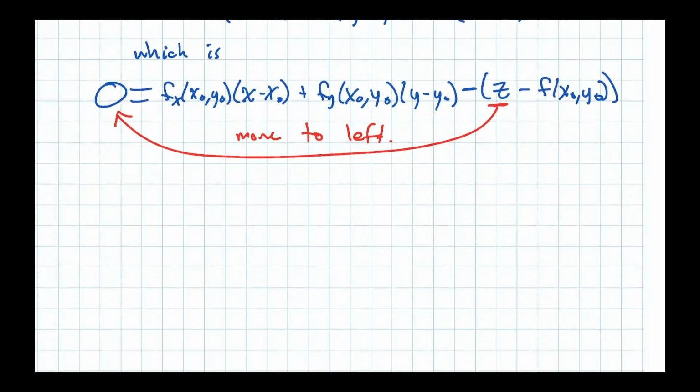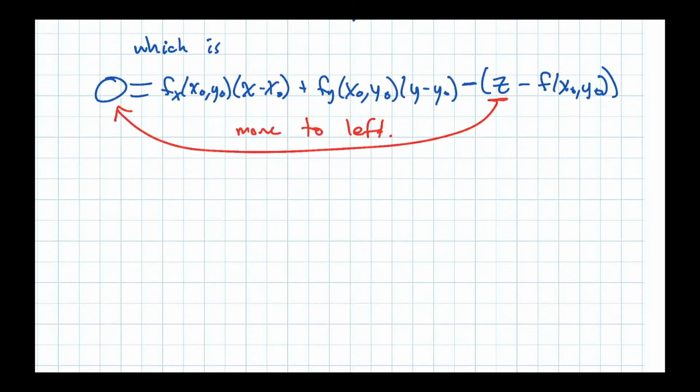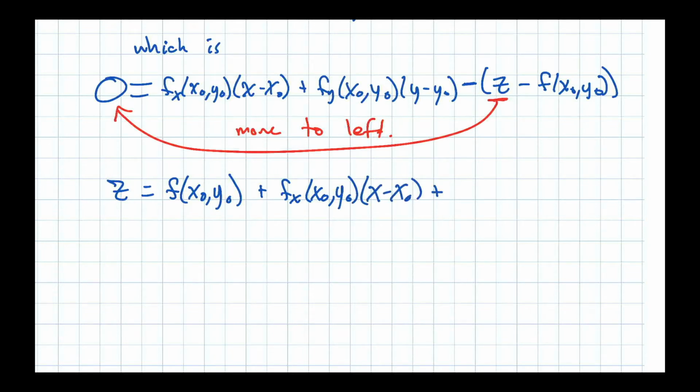So if we move that to the left, this is a negative z, so when you move it over to this side, it's going to be a positive z. Then if I just continue on from right here, you have a negative negative f of x0, y0, which is positive because it's negative negative. And then you've got these two terms. So I'm just plopping those down.